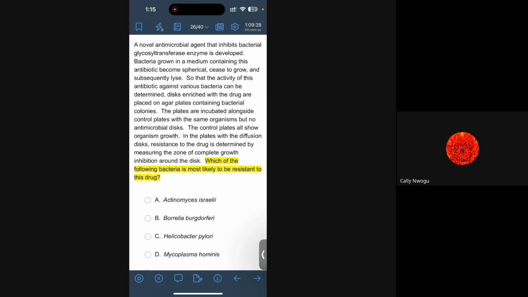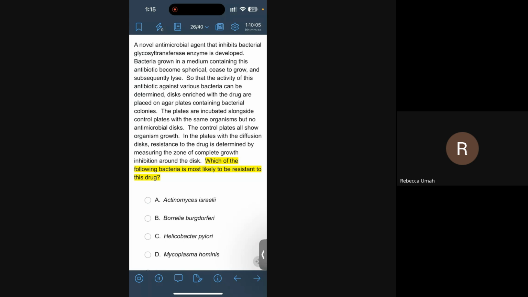Do you know the role of glycosyl transferase? It is used in the formation of the peptidoglycan cell wall, helping form N-acetylglucosamine and N-acetylmuramic acid. So if you inhibit this enzyme, the bacteria will no longer be able to form its cell wall.